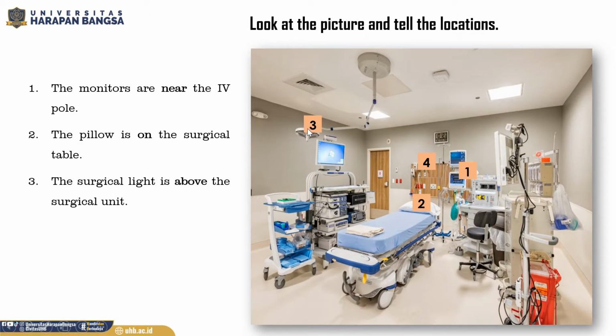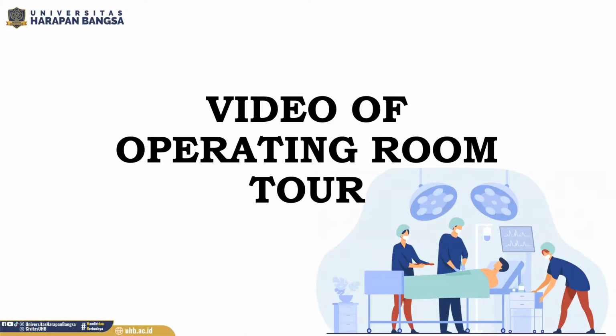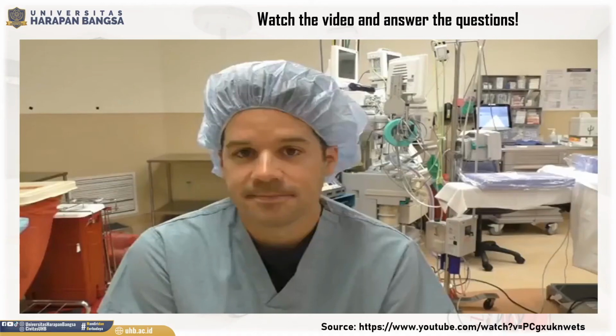The surgical light is above the surgical unit. And the socket box is behind the surgical table. Next, I want you to watch a video of an operating room tour. Watch it and later you can answer my questions.